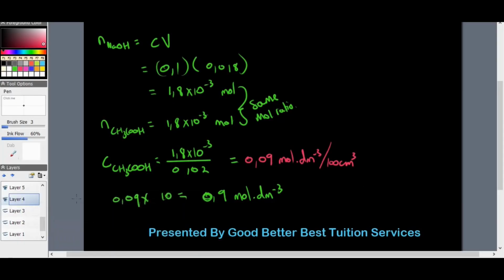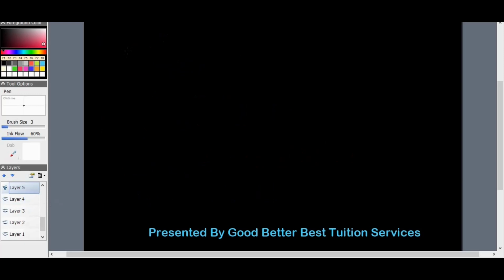I first need to get a new page. Here we go. So we take the formula, of course, n is equal to m over M. We know the number of moles was 0,09, which was the number of moles present in the 100 cubic centimeters.